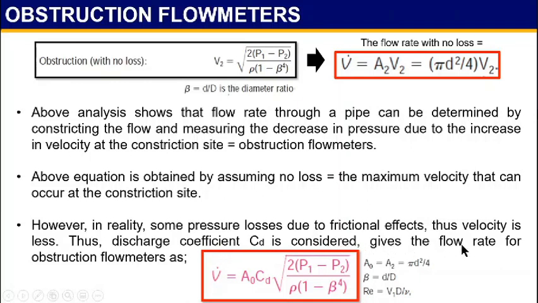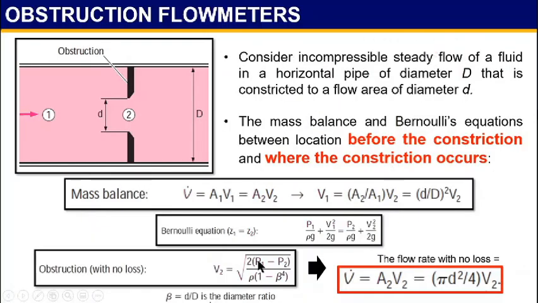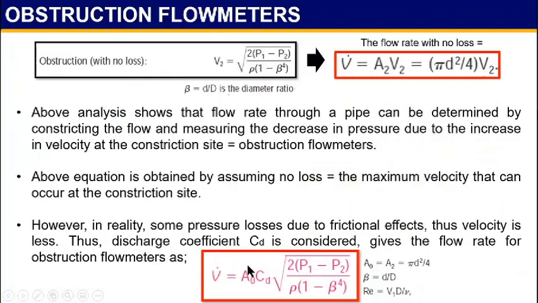This gives the flow rate for obstruction flow meters as this equation. From V2, you need to consider CD, the discharge coefficient, and you will obtain this equation. V dot equal to A0 CD times the square root of 2(P1 minus P2) over density rho times (1 minus beta to the power of 4).